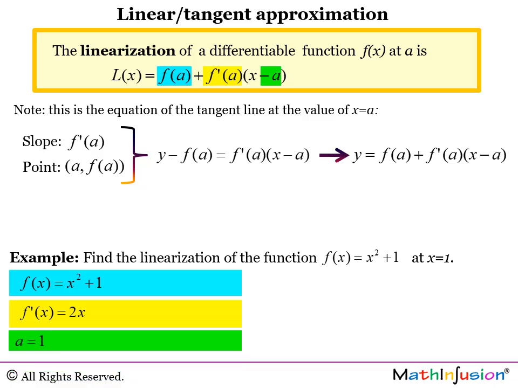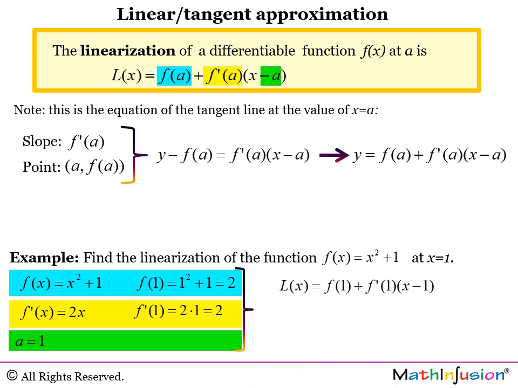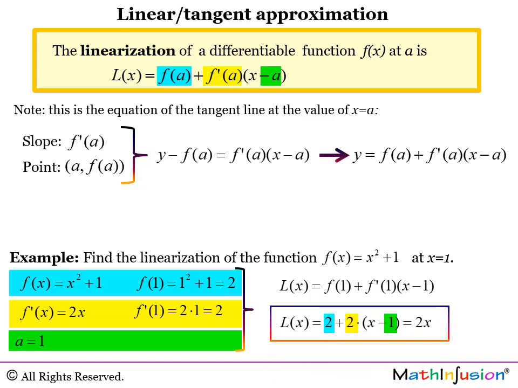Pay attention, a is always a value of x. f of 1 is 2, and f prime of 1 is 2. We are using this formula, which is again just the equation of the tangent line to the curve y equals x squared plus 1 at x equals 1. We will replace f(1) and f prime of 1 by 2, and we get, after simplifying, that L(x) equals 2x.